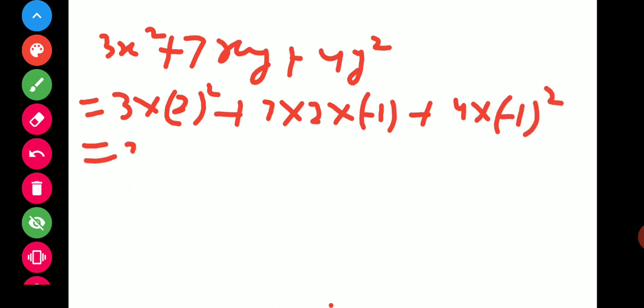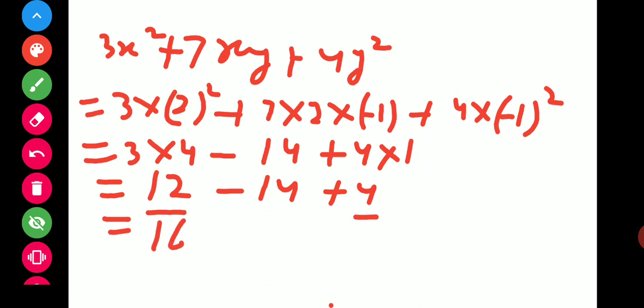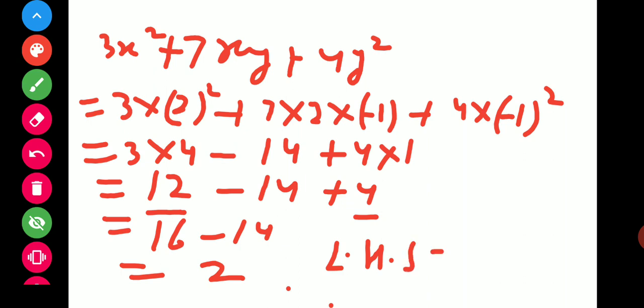So it is 3 into 4, minus 7 times 2 is 14, and plus 4 into 1. So it is 12 minus 14 plus 4. So that is 12 and 4, that is 16, minus 14 is equal to 2. Hence verified. That means left hand side equals right hand side.